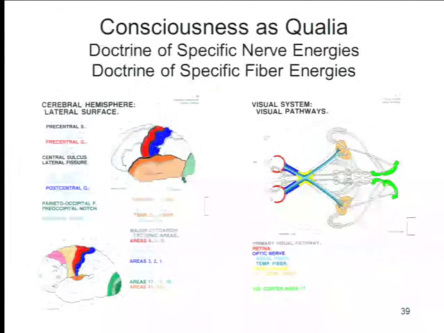Okay, let's take another example. Suppose we wanted to identify consciousness with qualia, with the particular unique qualitative state that occurs when you hear something as opposed to see something, or the unique qualitative state that occurs when you see blue as opposed to seeing red or yellow or green or whatever. Well, we know something about the neural correlates of these as well. We know from a host of neurological research going back into the 19th century that seeing something is associated with activity in the occipital lobe.